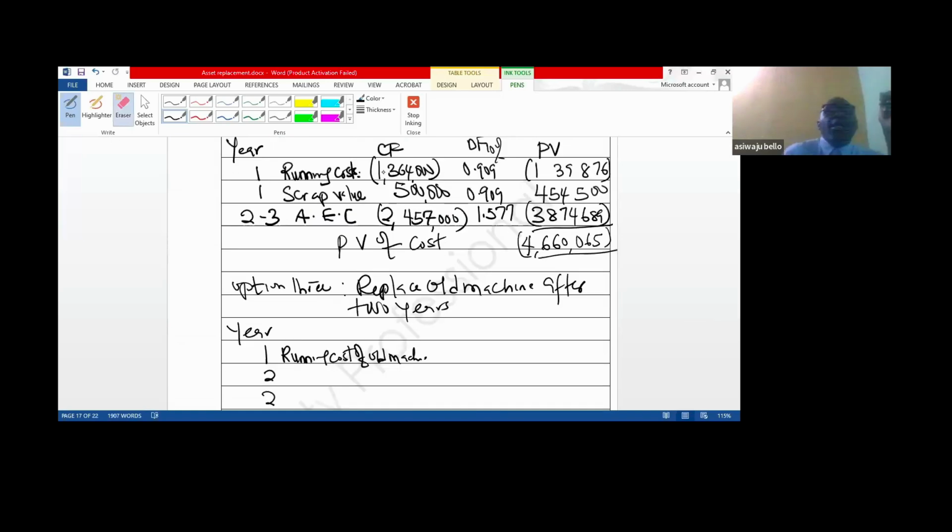Running cost for year 1 should be 1.5 million with a present value of 1,364,000. We have done that before now. That will affect my computation here.